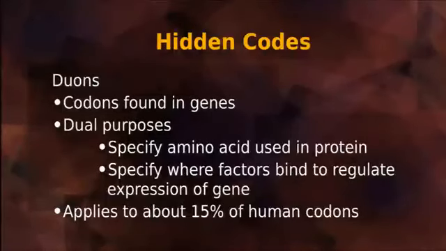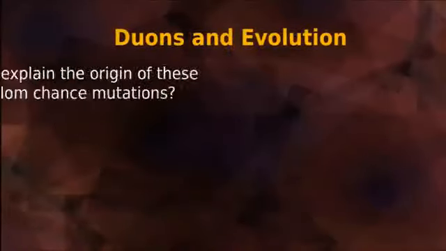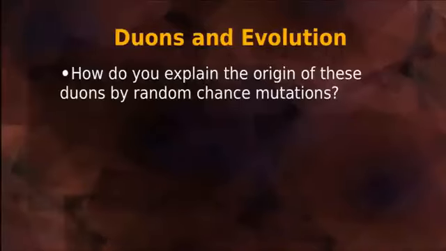Now, that's going to be a problem for evolution, and it's really twofold. First of all, how do you explain the origins of these duons by random chance mutation? Not only do you have to have in the DNA a codon that codes for the correct amino acid for the protein, but it also has to regulate the expression of that gene correctly, like how fast it's going to go, or when it's going to happen, or under what conditions.